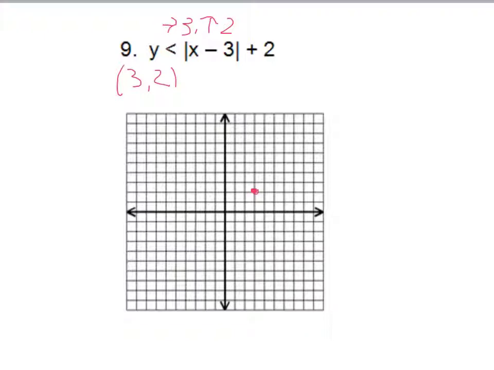And again, there's no vertical shift. I'm still going up 1 over 1 every single time. There we go. And then it's less than, it's not equal to, so dash line. All right, then it says less than, so I'm going to shade below.